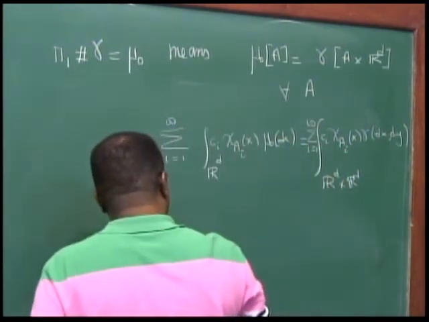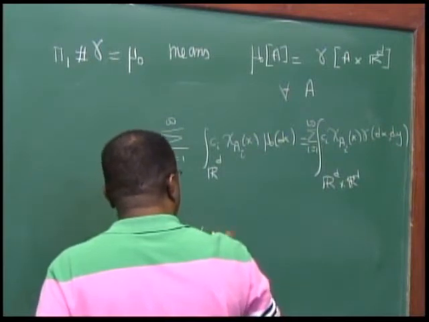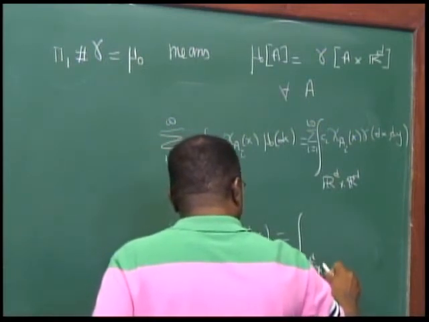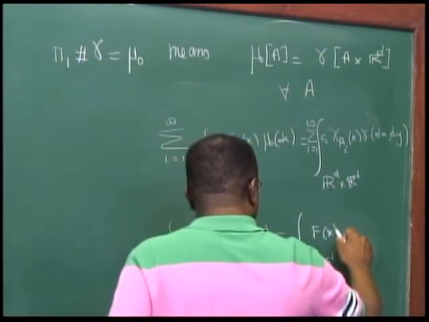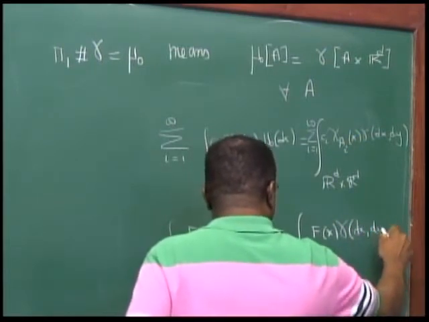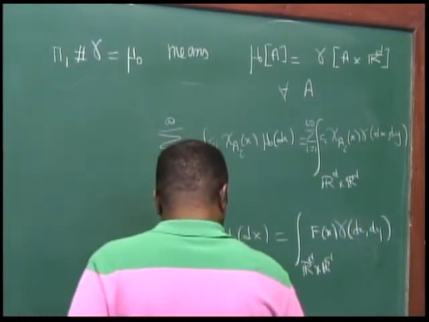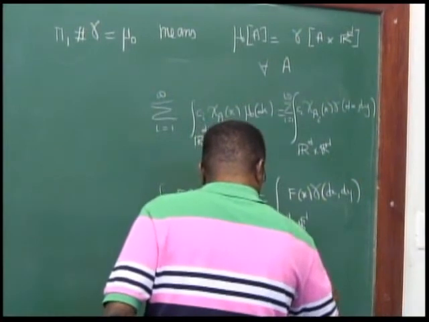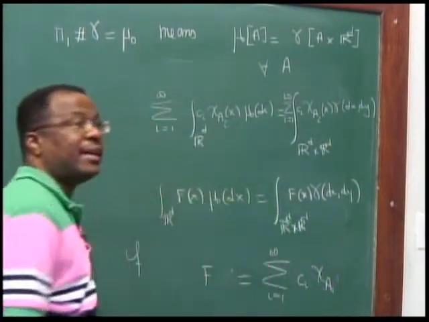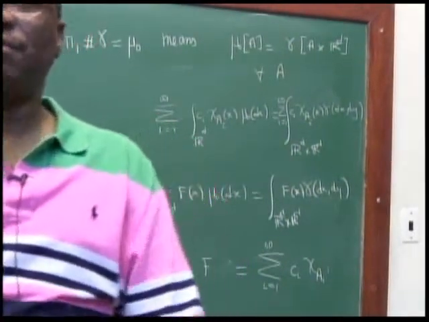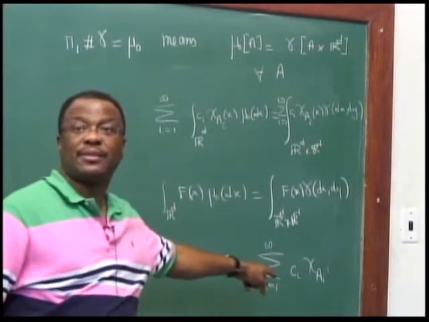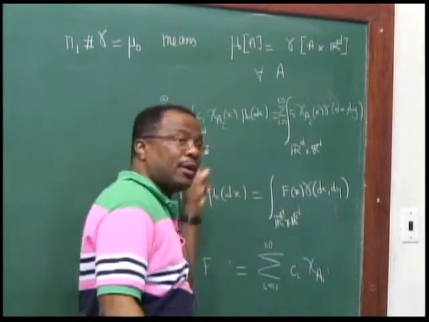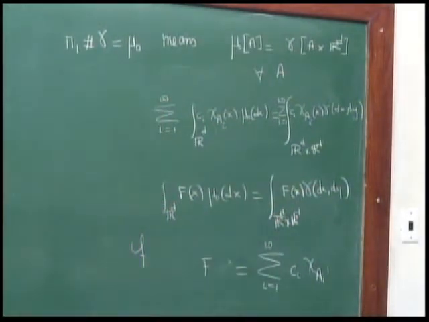It is telling me that the integral over R^d of f of x d mu naught is the integral over R^d cross R^d of f of x d gamma, if I set f of x to be the sum for i from 1 to infinity of c_i times the characteristic function of A_i. But every non-negative function can be written that way, which means that this equality is equivalent to that equality for every non-negative Borel function.